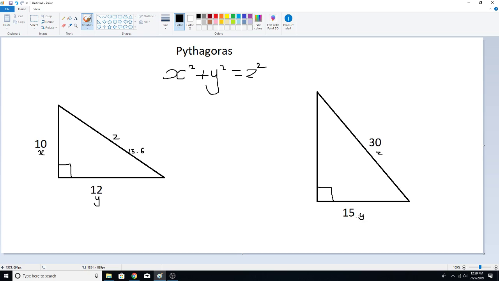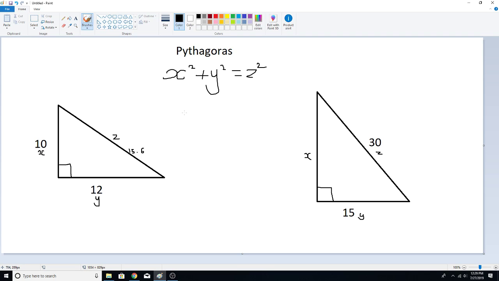It can be x, but we'll say y. And this length here is x. Remember, x and y are interchangeable because it doesn't matter which one it is, but give it a place so you can keep your sum organised.